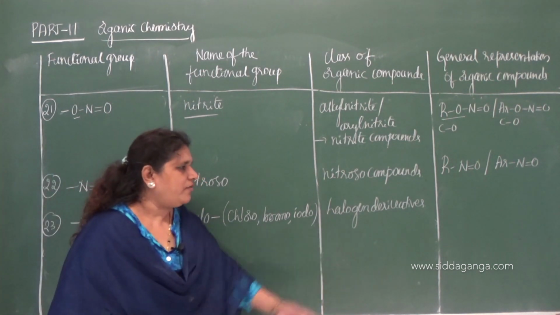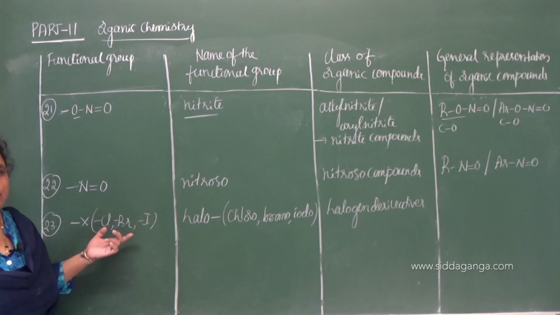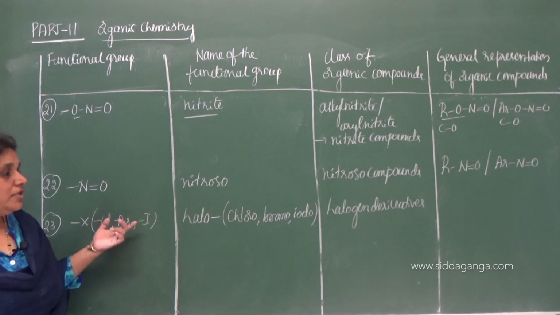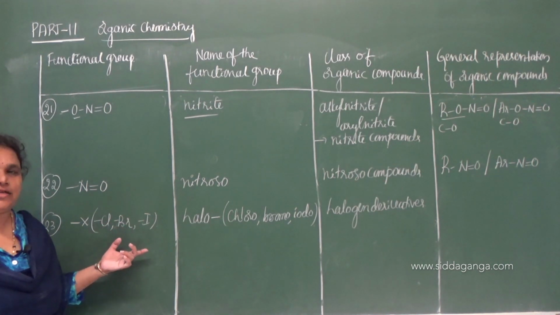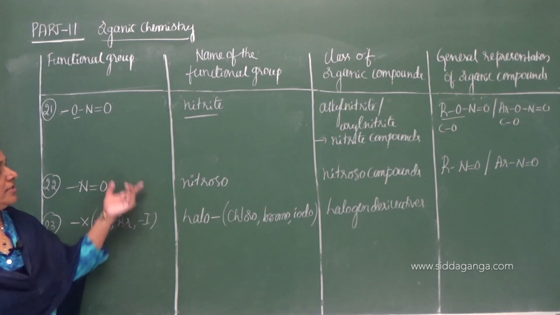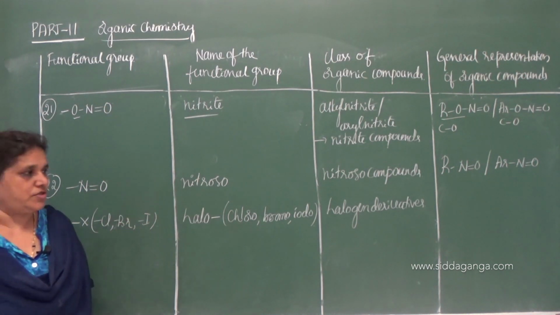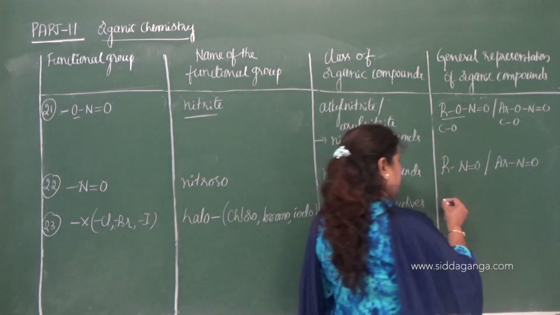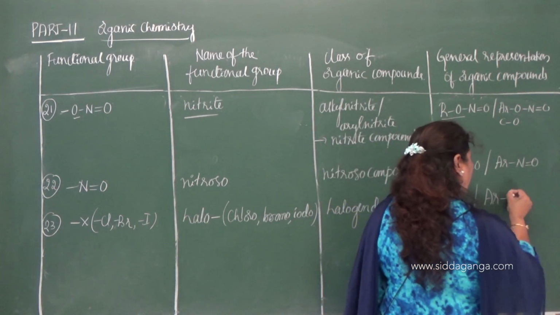Hence generally you can call them halogen derivatives. If a halogen is present in a given compound, this also gives properties to the compound and it is considered a secondary functional group, or you can also call it a substituent. All these are nothing but substituents or secondary functional groups. Now how to represent this? RX, ArX.